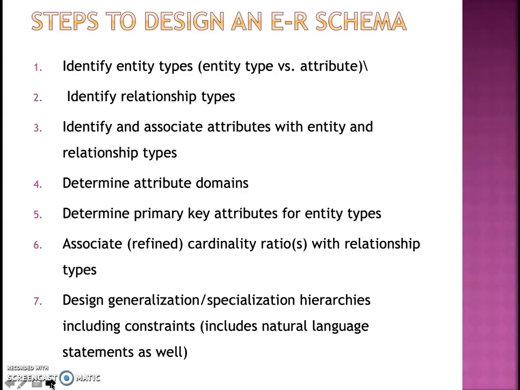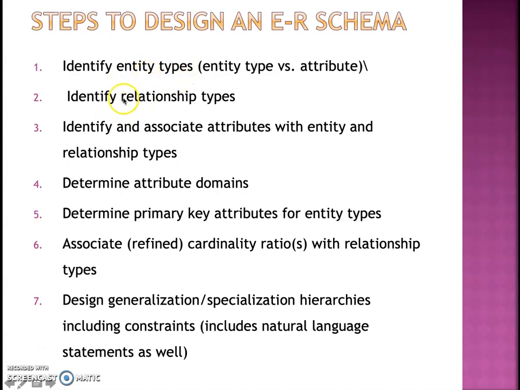Now we will learn about the steps to create an ER schema. First of all, we have to identify the entity types. For any given system, there may be many different entities. All those have to be identified.